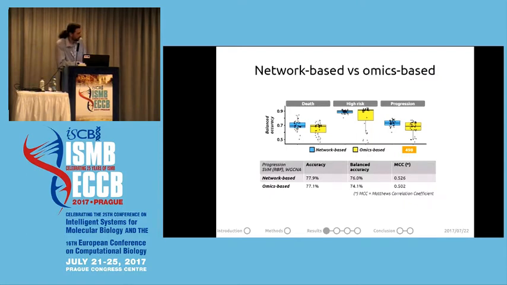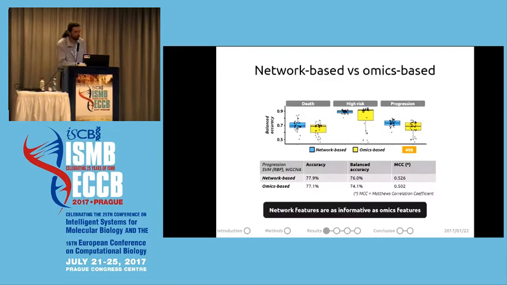As can be observed in this table, I just extracted one model for progression, and now you can see not only the balanced accuracy, but also the accuracy and the Matthews correlation coefficient. And you can see that the differences are consistent between the two models using the three different indices, but it's about one or two percentage points. So in conclusion, we believe that using these network-derived features gives models that are as powerful as the models that are built using the omics features directly.